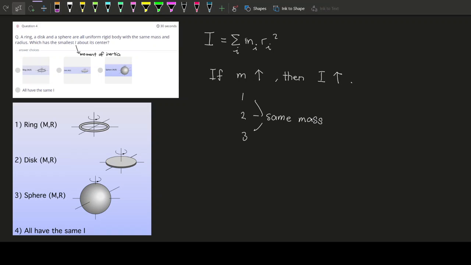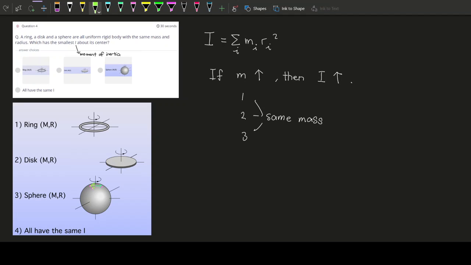So when I say m_i r_i square, what it means is, for this unit little mass here, what is its distance from the axis of rotation? You do this for all the particles in the sphere, you get their mass, then you get their distance from the axis of rotation.